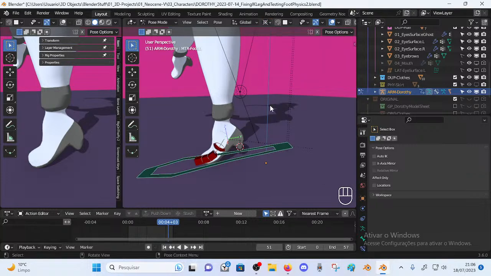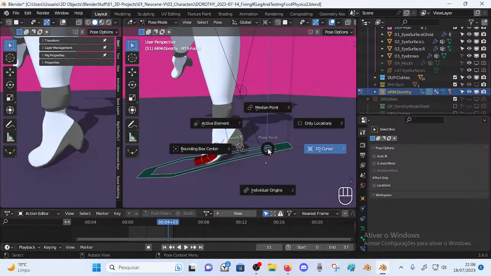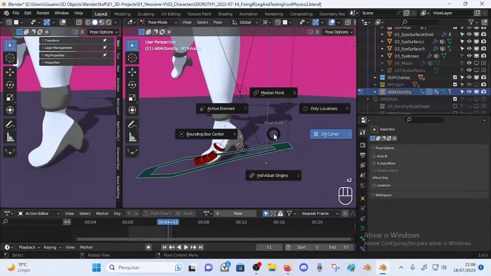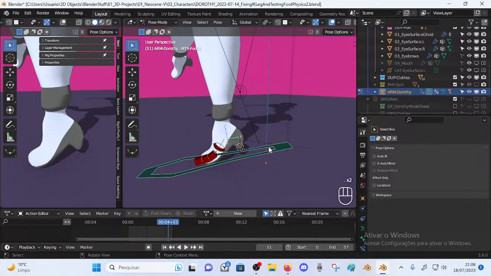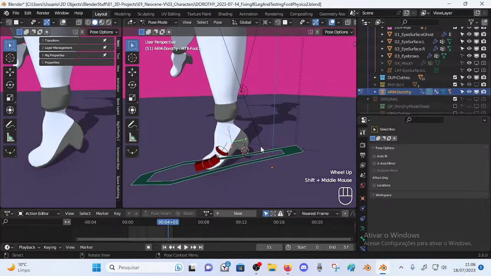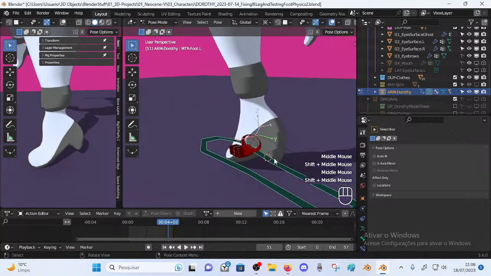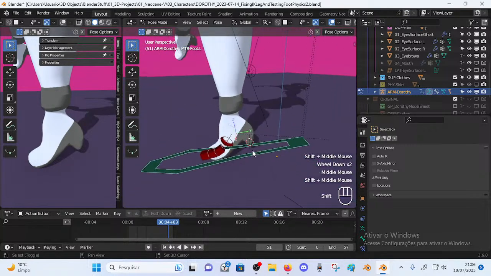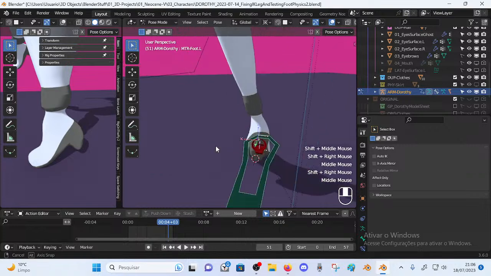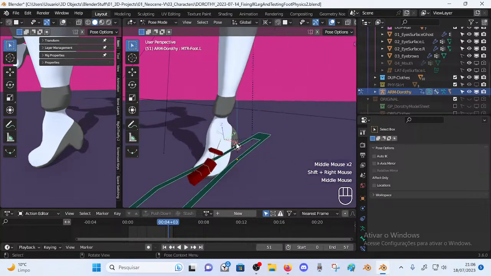Transform pivot point is this shortcut. So it's dot 6, and then dot 2 for individual origins. Maybe the dot could be made somewhere easier on the keyboard. But then, as I have this cursor here, I could even create bones for more precision, but it would need to click the bone.